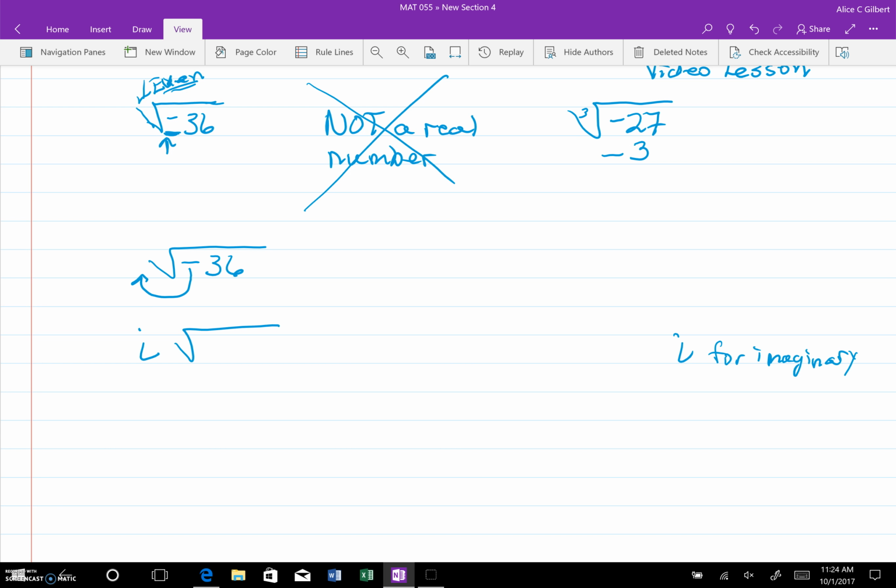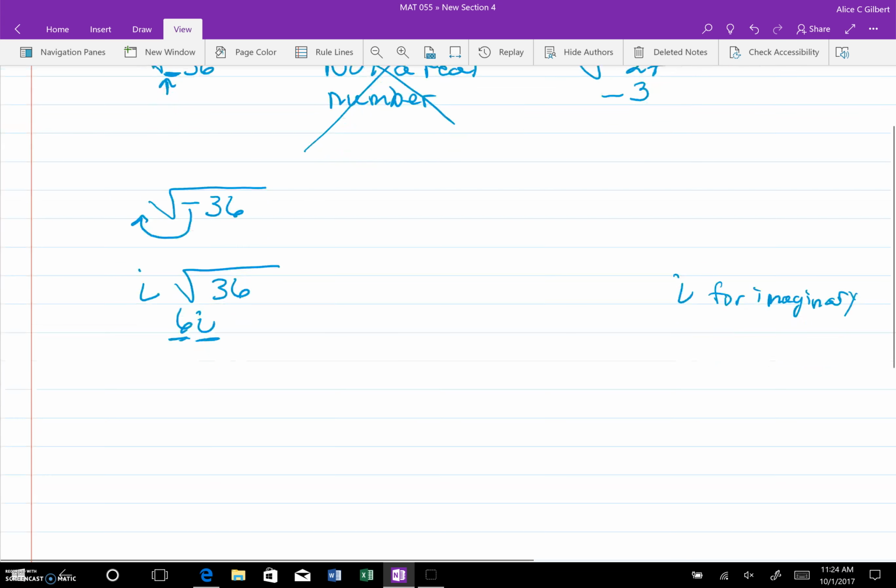So when that negative comes out, now I can just do the square root of 36, and that's 36i. The real part in the answer always comes first, the imaginary part second.